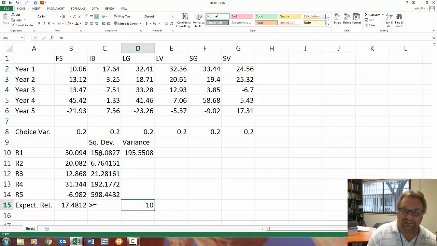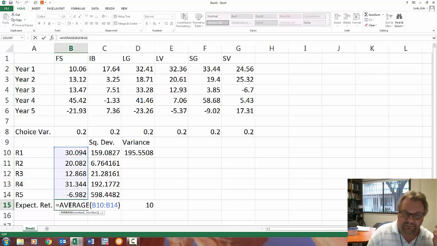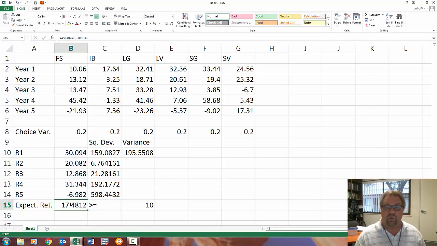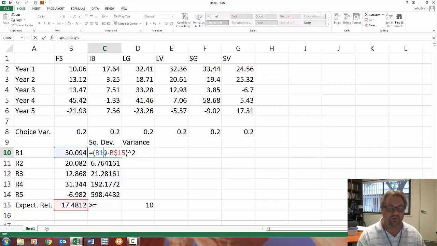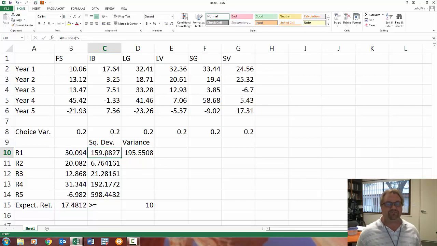But again, the link here is that these R's are linked to the expected return, which I'm going to need in just a moment when I maximize my return, subject to keeping my variance at a minimum. Or here, in this case, they're tied to my variance formula through my squared deviations.